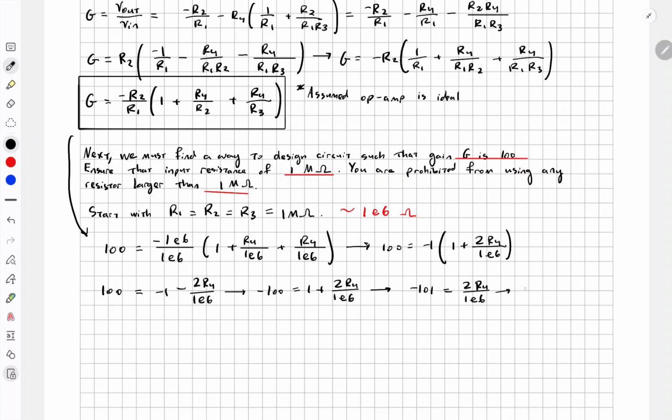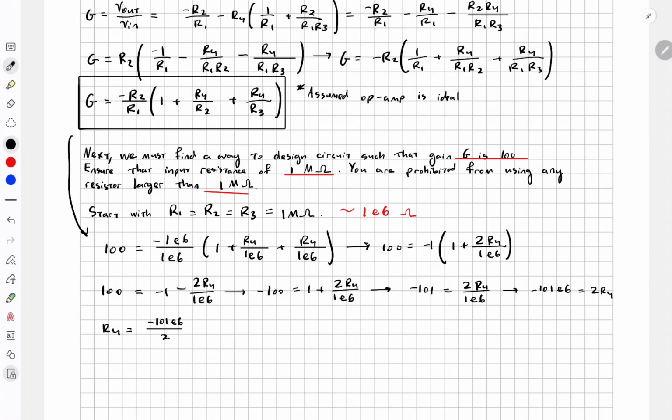So it becomes -101 times E6 is equal to 2R4. So then R4 is equal to -101 E6 divided by 2.